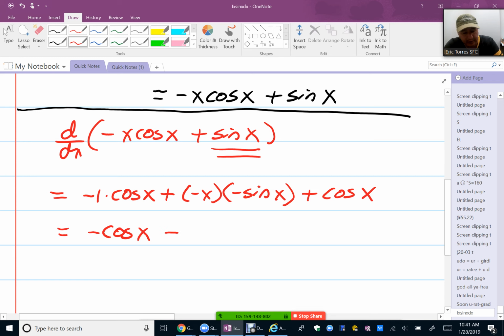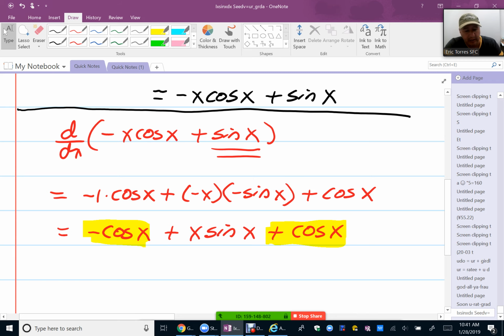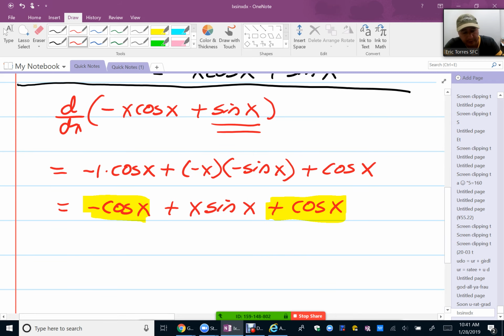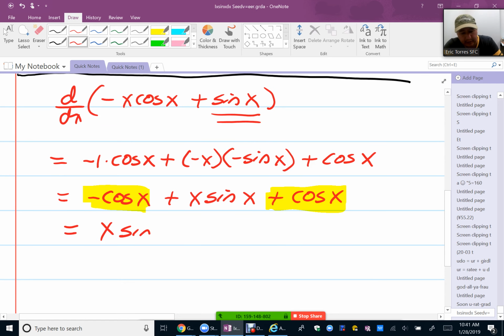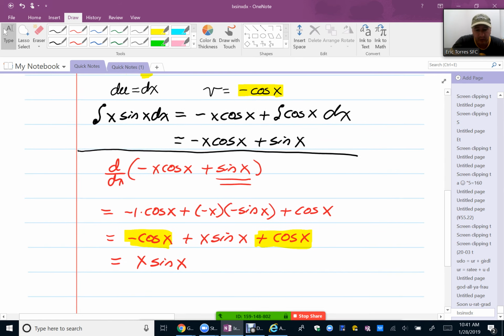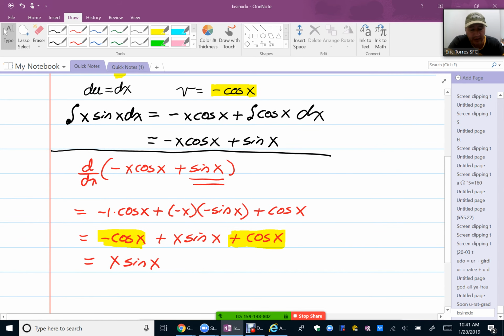A double negative here is a positive x sine of x plus cosine of x, and it's clear that this negative cosine and this positive cosine will reduce out, giving me my final answer, x sine of x, and that should have been what I was originally trying to take the antiderivative of, so my work checks out.